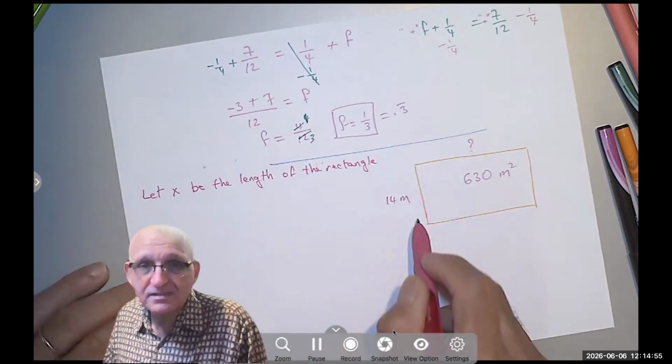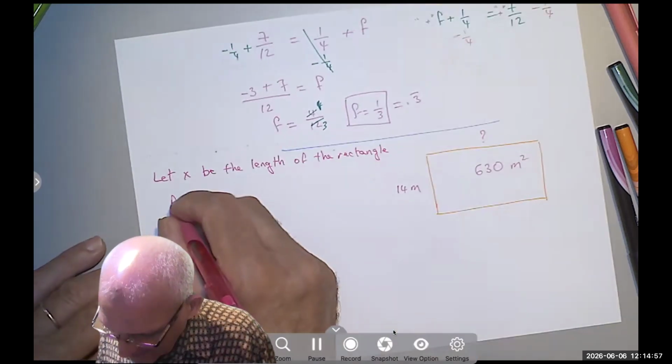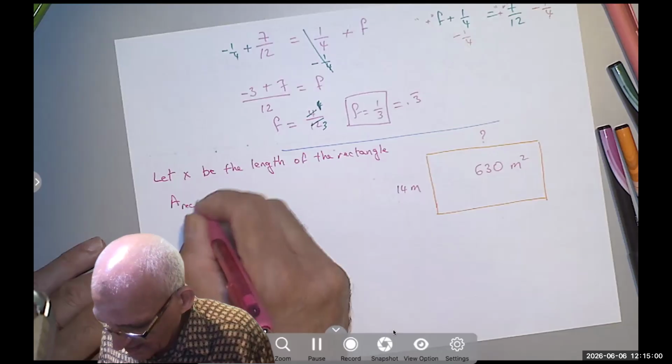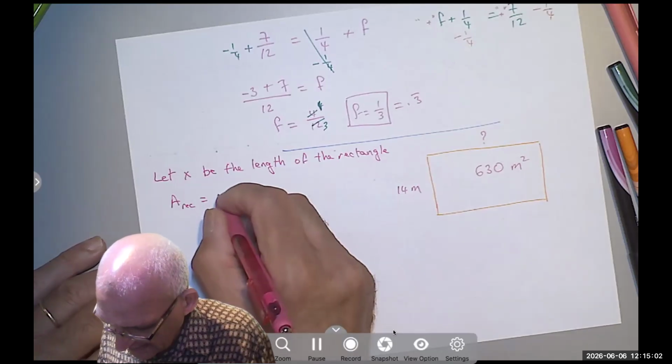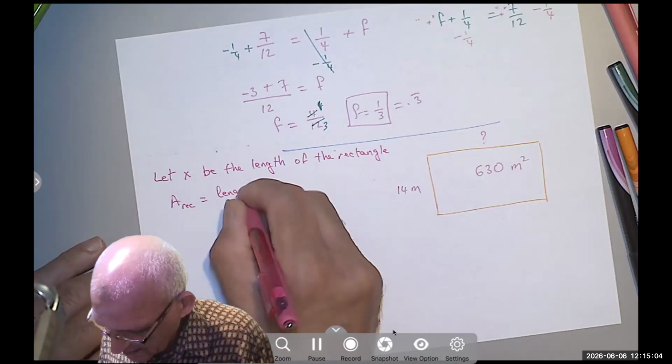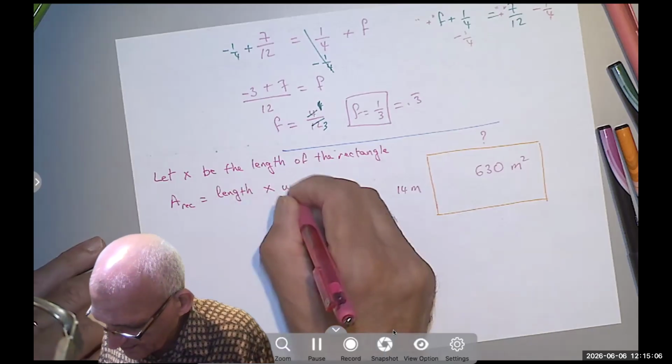And I know the width is 14. Area of a rectangle equals length times width.